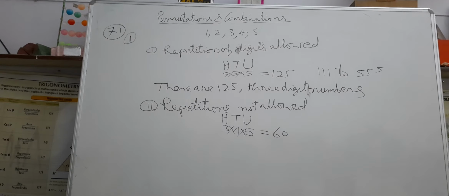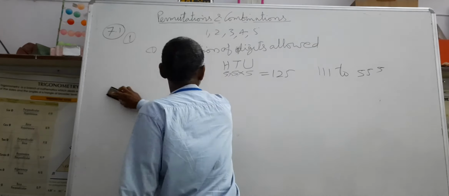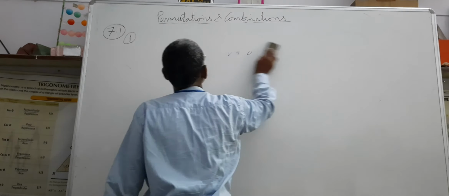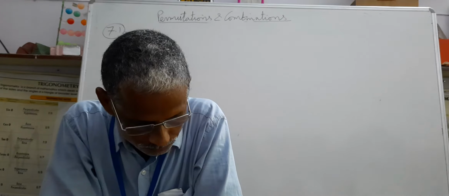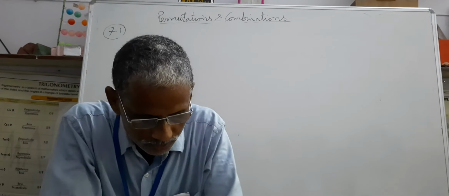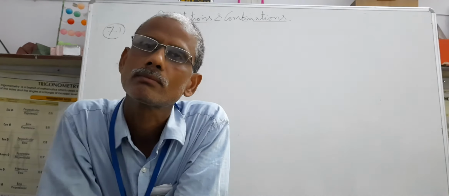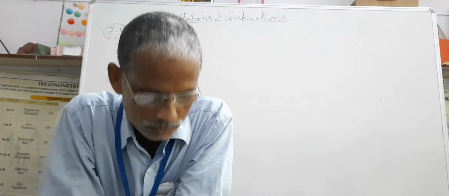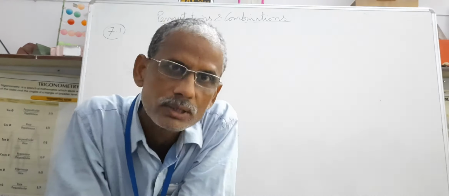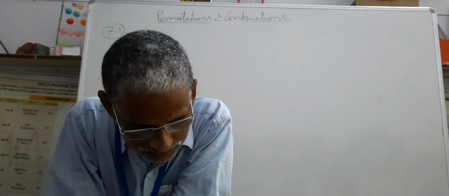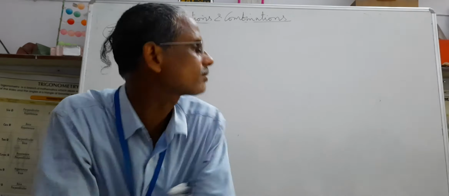Now take the next question. Question number 2 states: how many 3-digit even numbers can be formed from the digits 1, 2, 3, 4, 5, 6?